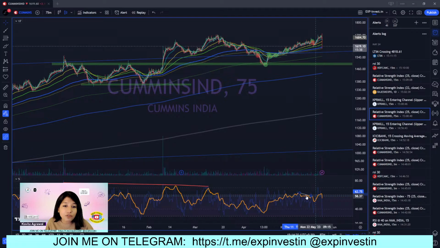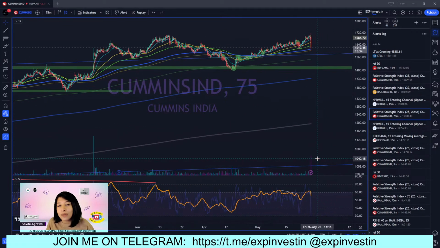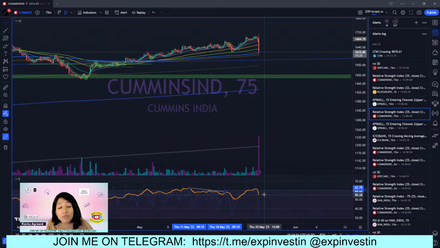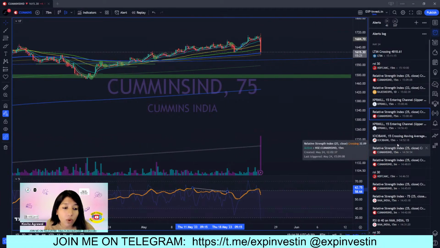So when this kind of a pattern develops on the RSI, you should always trail your stop losses, but it makes sense to tighten them a bit more.